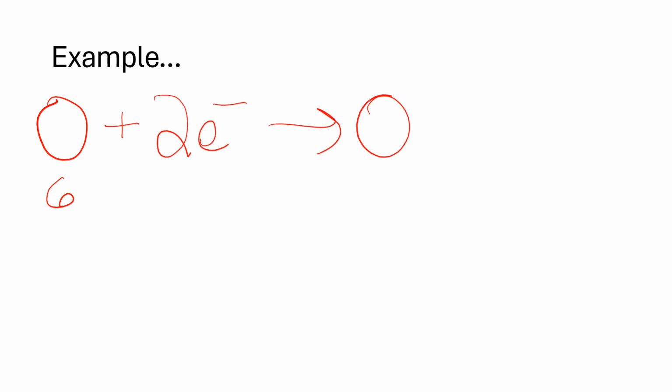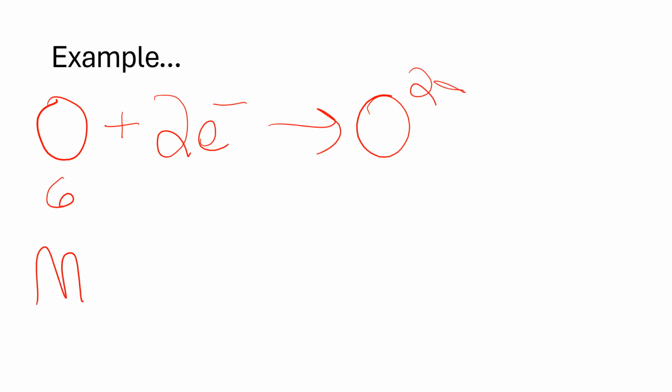Oxygen, if we looked on the last periodic table, forms a -2 charge. So oxygen has 6 valence electrons. It gains 2 electrons and forms a -2 charge. Getting something negative will make you negative.